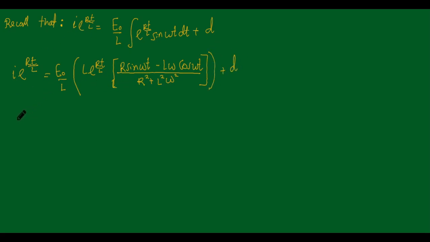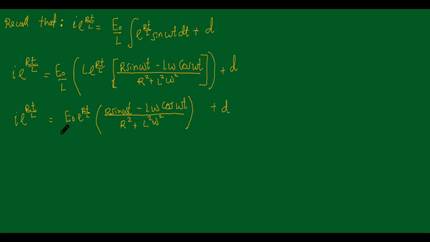So we can simplify this to give I e raised to the power of Rt over L is equal to E naught e raised to the power of Rt over L multiplied by R sine omega t minus L omega cos omega t divided by R squared plus L squared omega squared. Then plus D.